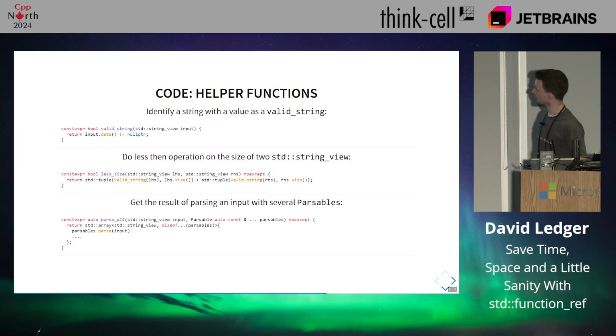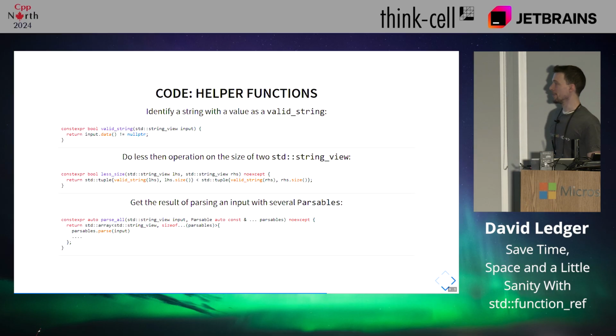So we've got a function to help us there called less_size. We're going to utilize tuple's lexical comparison of its elements here, so you can do this in order to provide this, but that's basically it for our comparison.